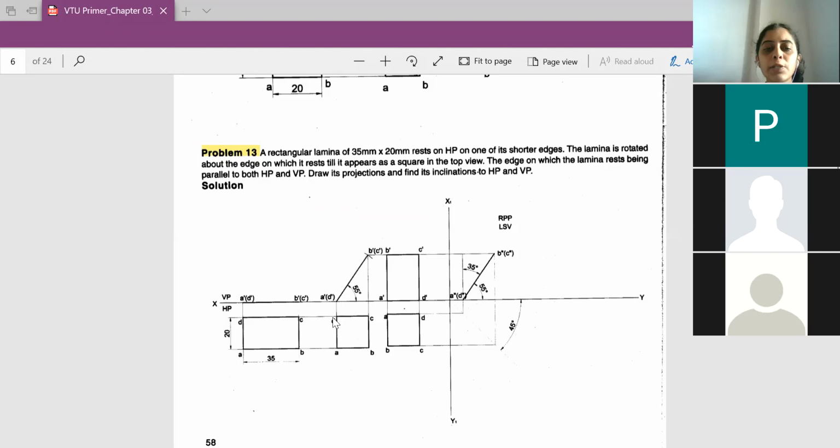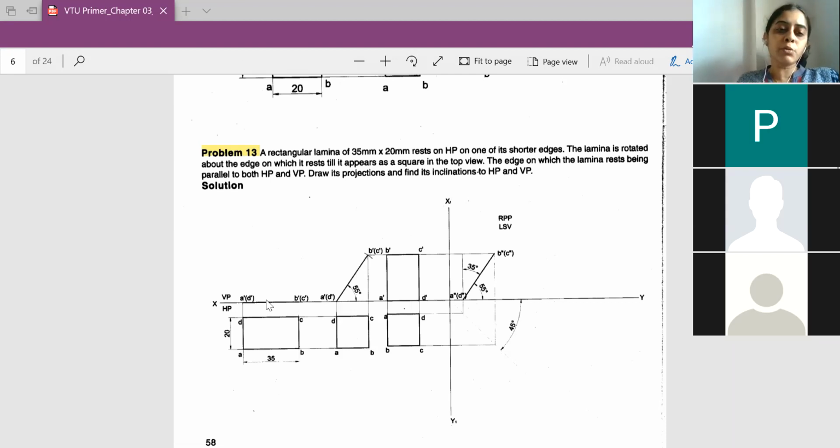From here you have the projection already, you measure 20 mm and put an arc, and you cut an arc. So you got all 4 points, and you name them A, B, C and D. Then please measure whether all the dimensions are equal to 20 mm. After that, you take the projection of A and D on the XY line, and take the projection of B and C also. But we don't know the angle.